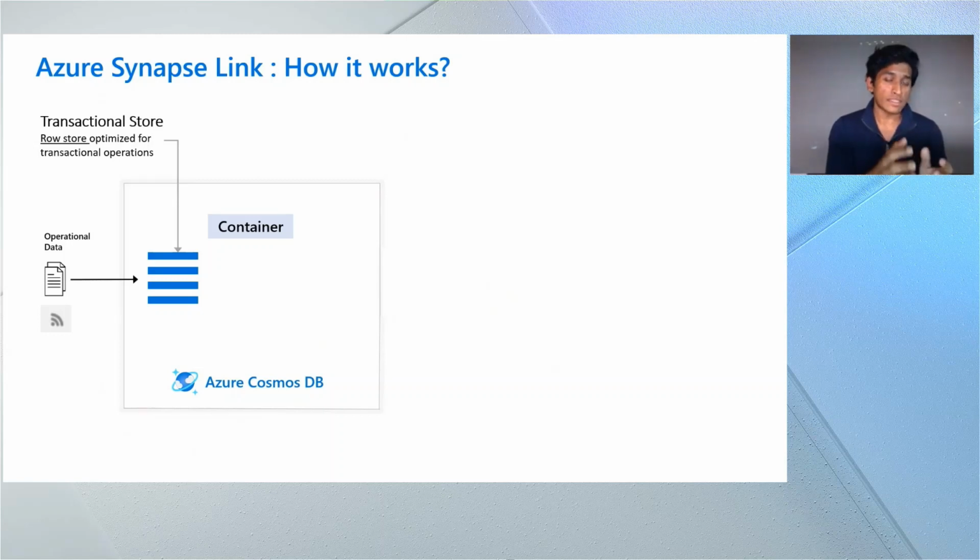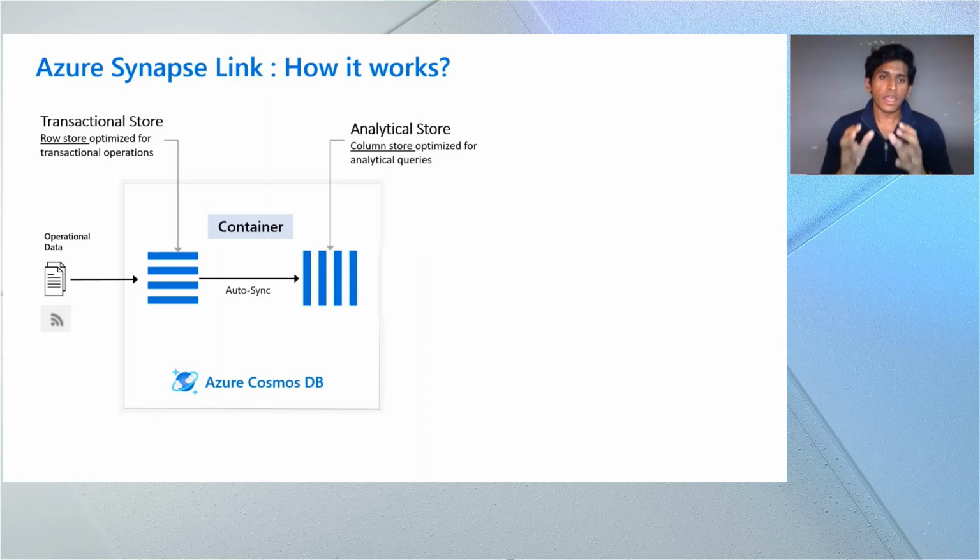But as I had mentioned earlier, the analytical query requirements are very different from typical transactional workloads, which is why, along with Synapse Link, we're now introducing a fully managed analytical store natively within Cosmos DB containers.